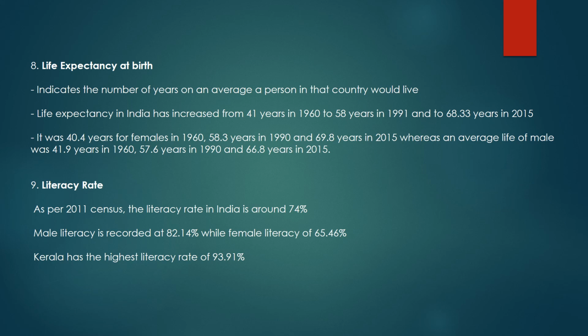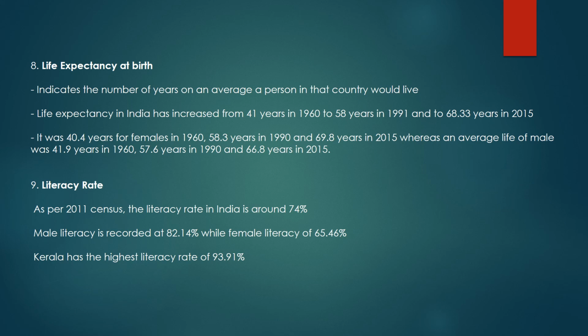The average life expectancy of the world population in 2015 was around 72 years, while life expectancy of China was around 76 years. In the US it is 79 years and in the UK it is 82 years. So going by international standards, India lags far behind with respect to the average life of its citizens.